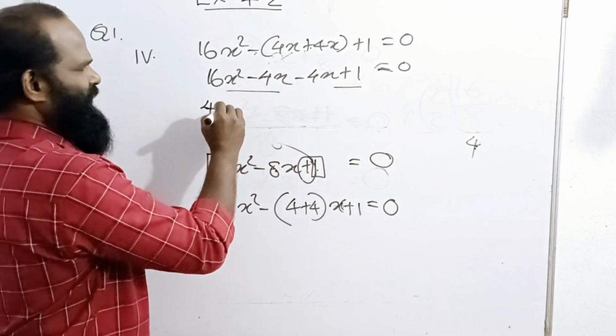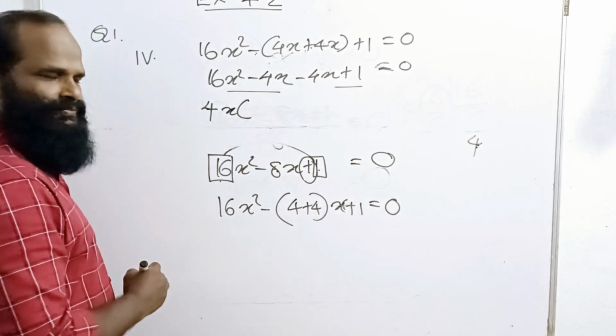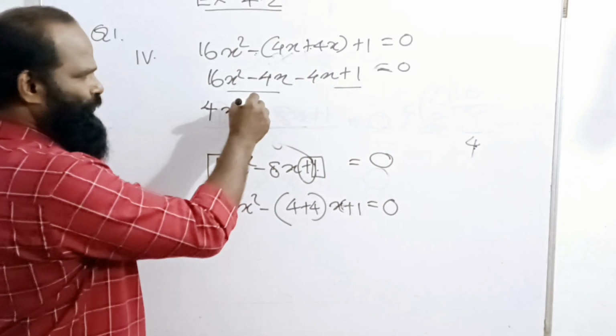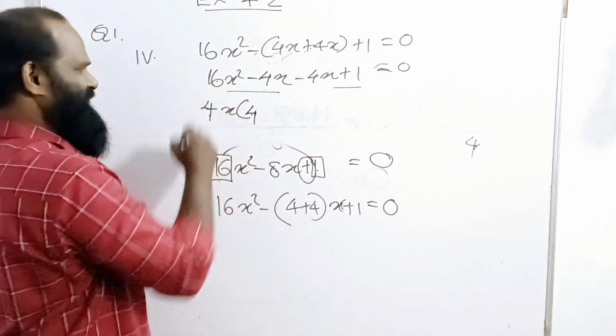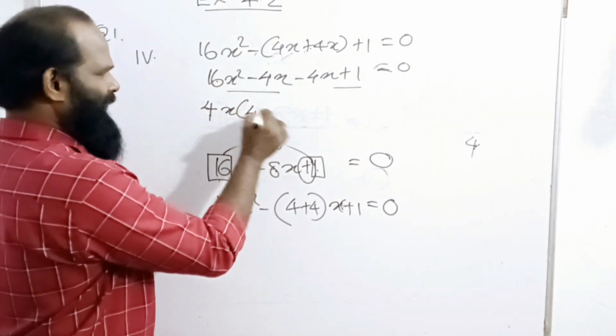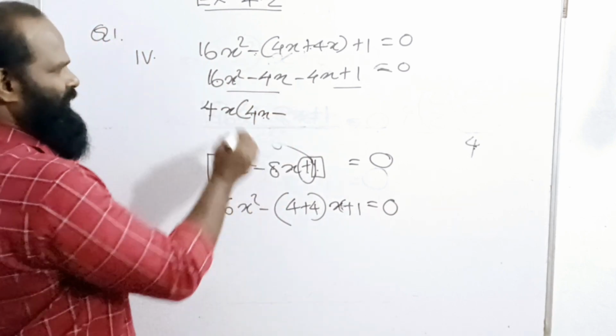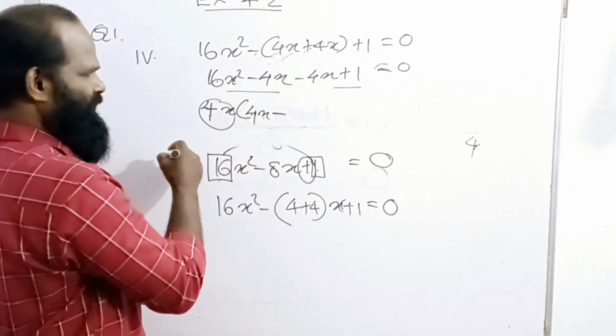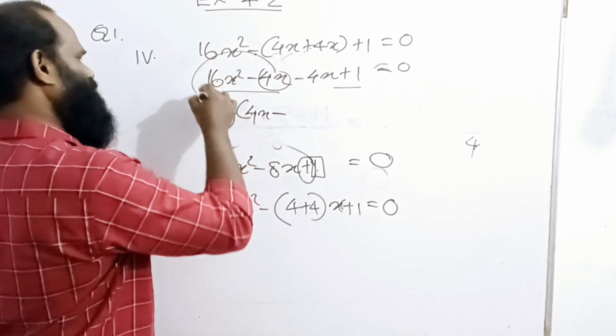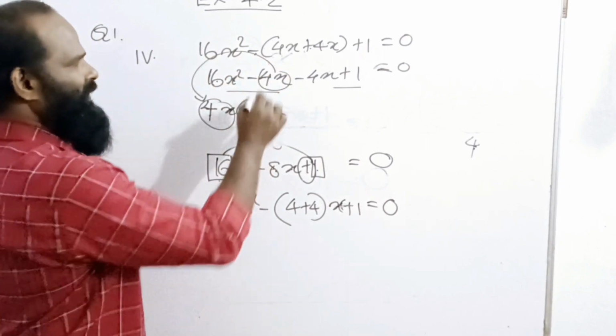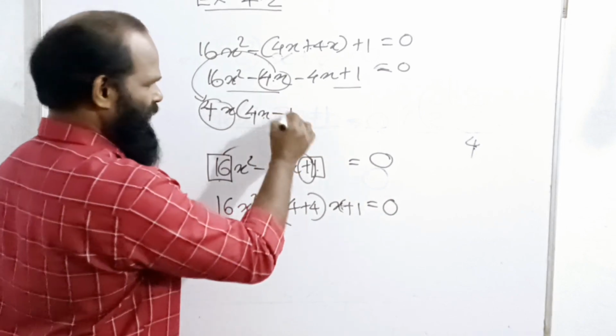From x square and x we can take x. So 16 is reduced to 4. 4 into 4 is 16. X into x is x square, minus 4x is out. This 4x is out. There is nothing now. That is 1.